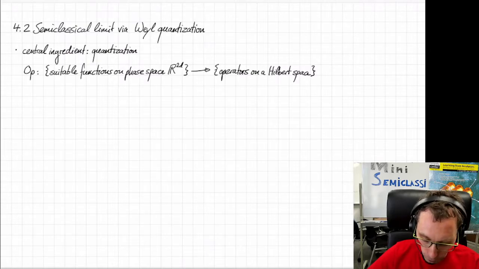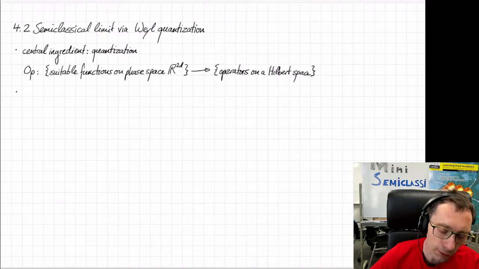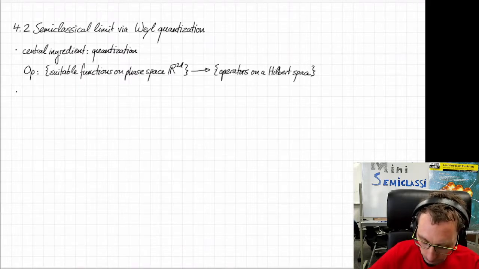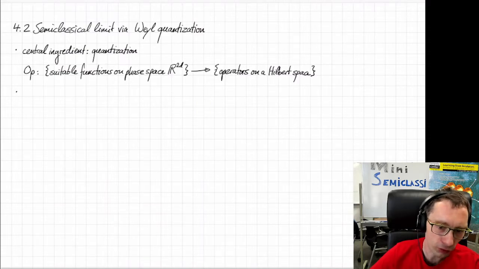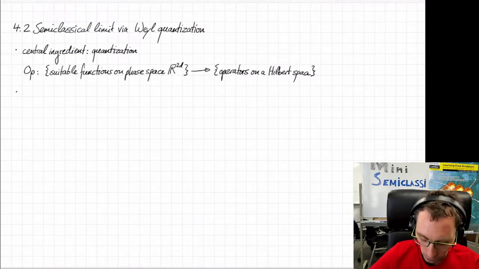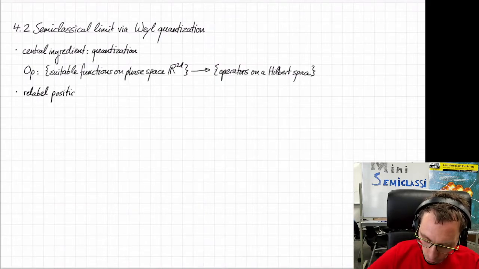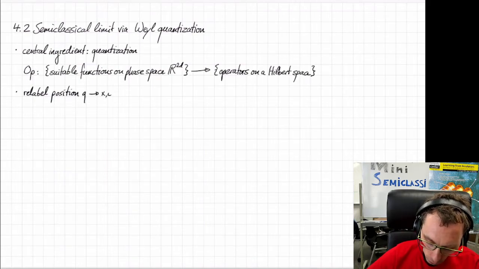For the purpose of the section, let me change notation a little bit, because pseudo-differential theory has its own notation, which is useful because you're dealing with lots of integrals. What they usually do is they do not denote positions by q, but by x, y, and z, small x, small y, and small z.